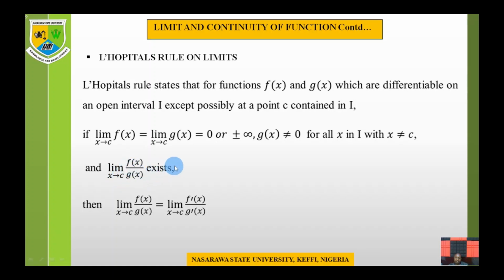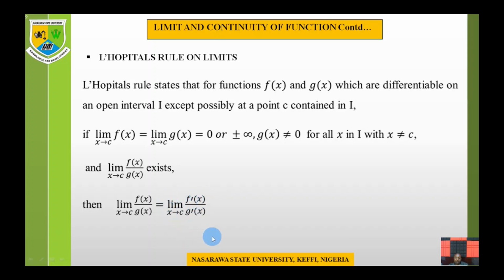then the rule allows you to say that if you are looking for the limit of f of x all over g of x as x approaches c, it is the same as taking the limit of f prime of x over g prime of x as x approaches c.